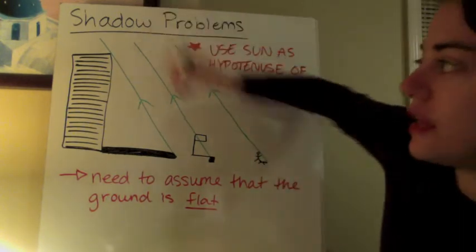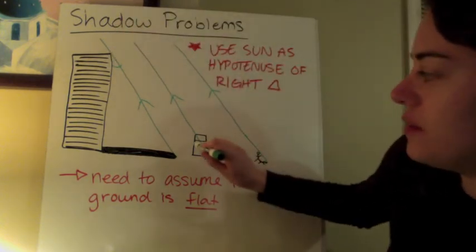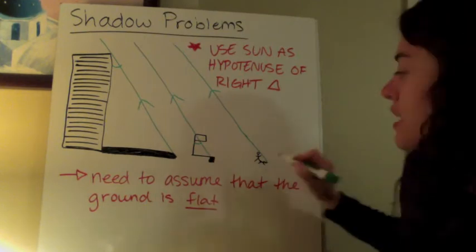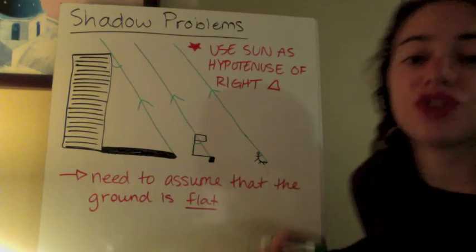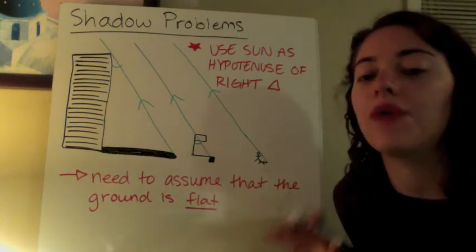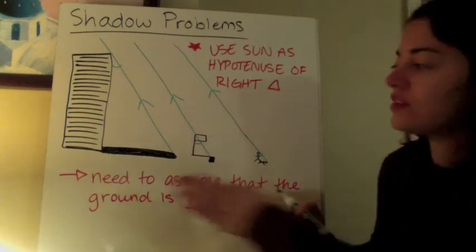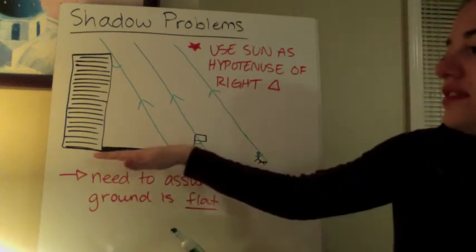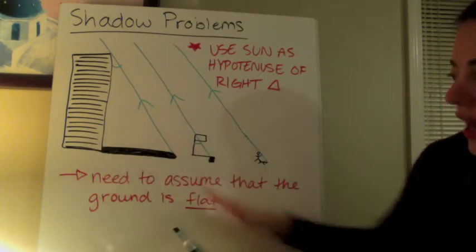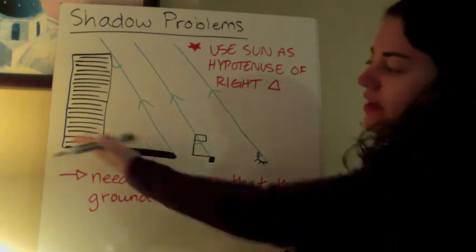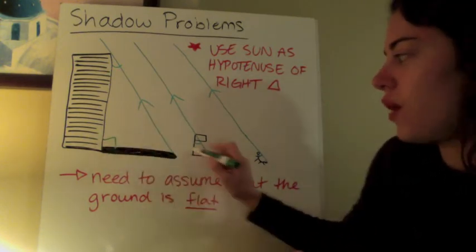That means I'm hitting this object at the same angle as I'm hitting the flagpole and the person. So all of those angles at the top of these triangles will be congruent. I'm also assuming that the ground is flat. If the shadow was down here on a hill, it would be much longer by the time it got to this point. So I need to assume that the ground is flat, making this a right angle.